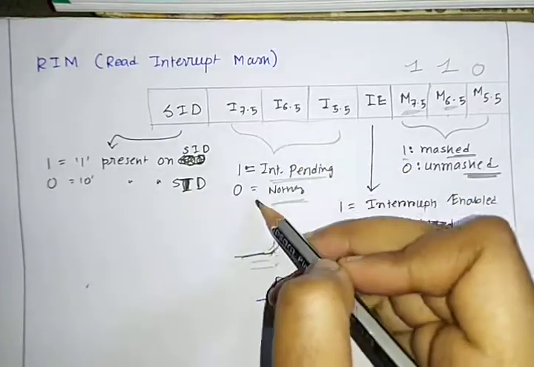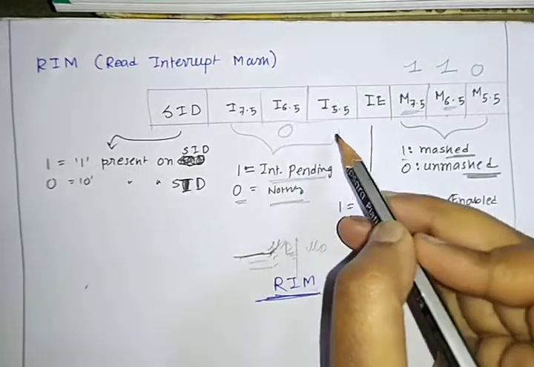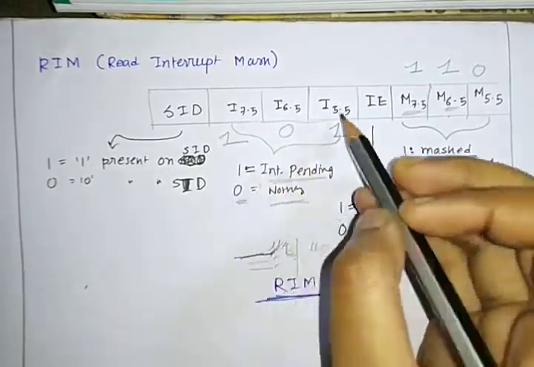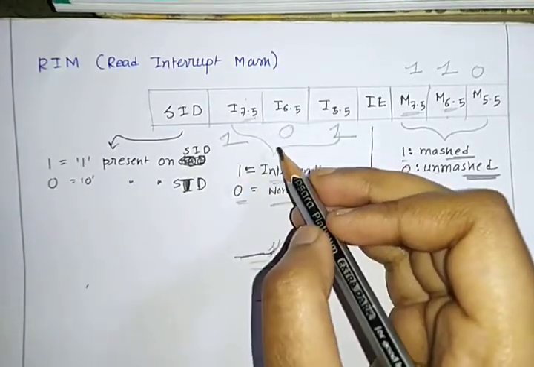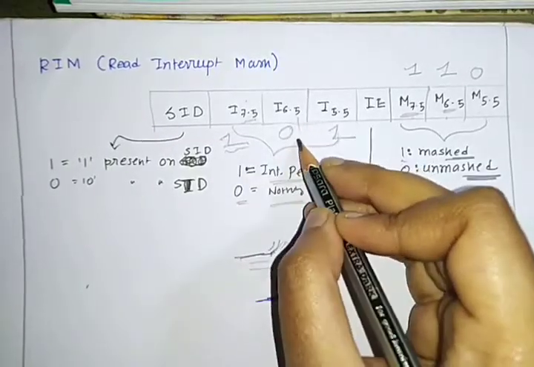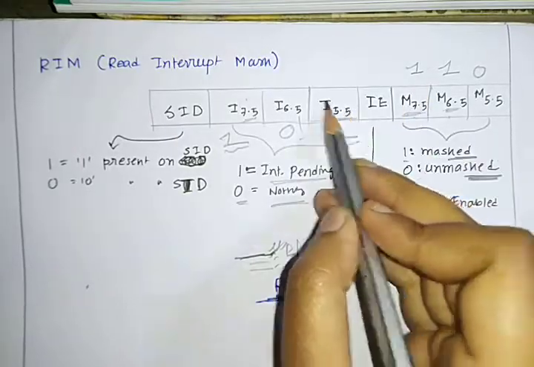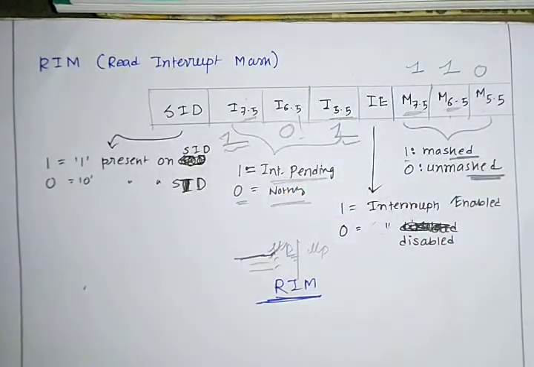And when this is 0 it means nothing. So if this combination is 0, 1 and 1, it means that the 7.5 interrupt is on pending state, there is nothing in 6.5, and the 5.5 interrupt is also on pending state. So these 3 bits are used for showing which interrupts are pending or not.